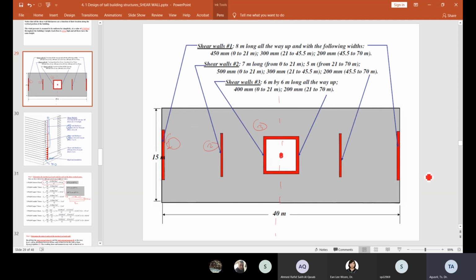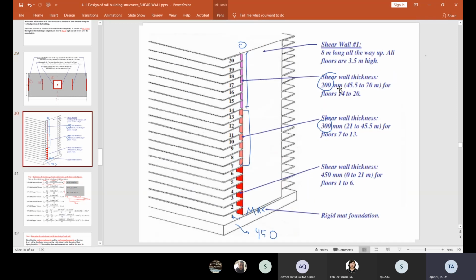In order to know the moment inside the wall, first we need to know the total bending moment for the whole building. After that we need to distribute the moment to the walls based on the flexural rigidity.